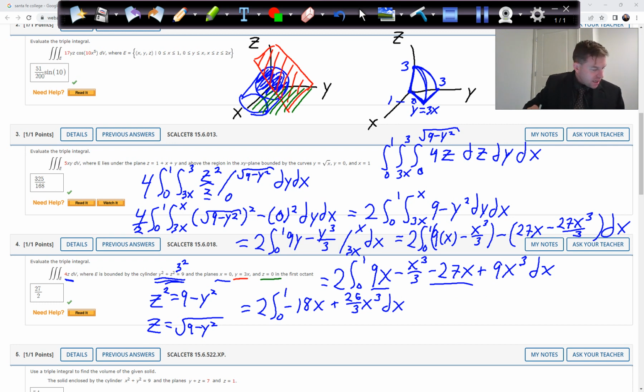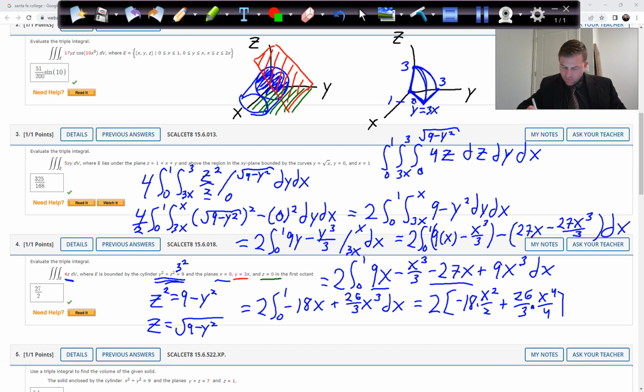Make sure I didn't make a mistake here. Okay, now we perform the antiderivative. This would be negative 18 x squared over 2 plus 26/3 x to the fourth over 4, and we're taking that from 0 to 1.